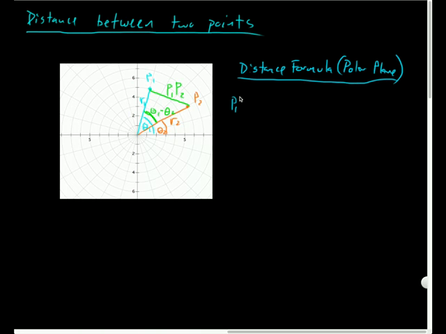So the distance from point 1 to point 2 is going to equal the square root of r1 squared plus r2 squared minus 2 r1 times r2 times cosine, and my angle is theta 1 minus theta 2. And that's going to just give me that distance. It's just directly the law of cosines that's giving us that.